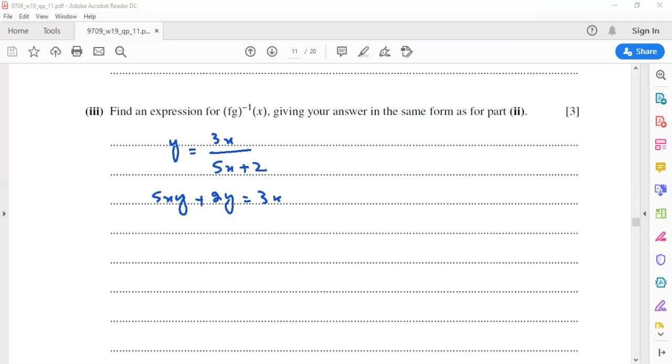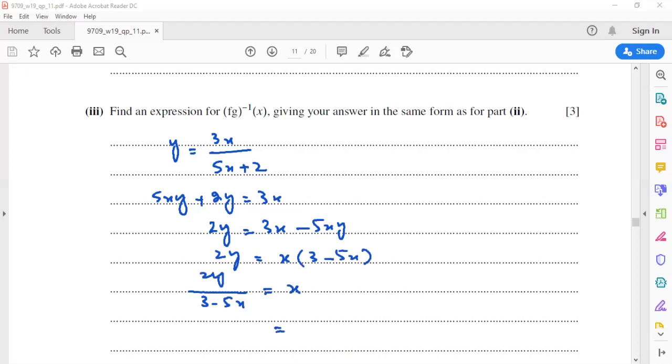Let's shift all the x to one side and all the y to the other side. So what can we do? That is 3x minus 5xy. Now by taking x as common, we are left with (3 minus 5y)x equals 2y. So x is going to be 2y over 3 minus 5y.